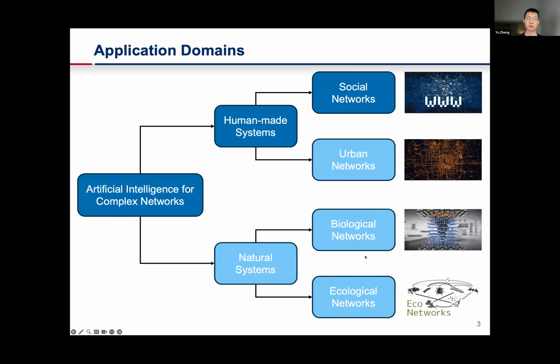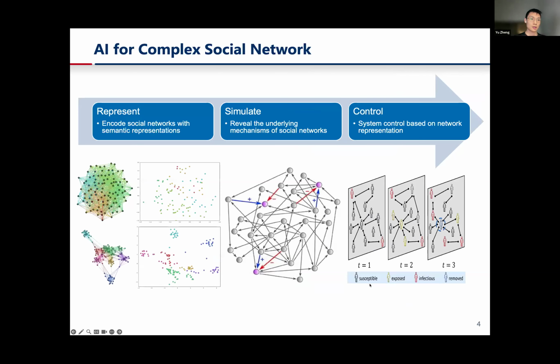First, let's look at social networks, which are tied closely with the web conference. AI for complex social networks falls under 3 different categories. First, AI approaches are adopted to encode social networks with semantic representations or embeddings, which have a wide range of applications in social network prediction.